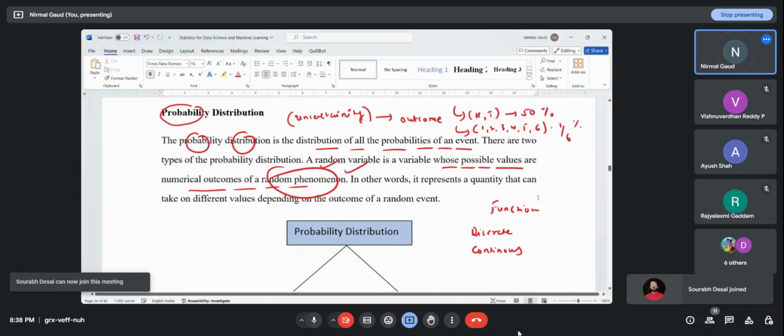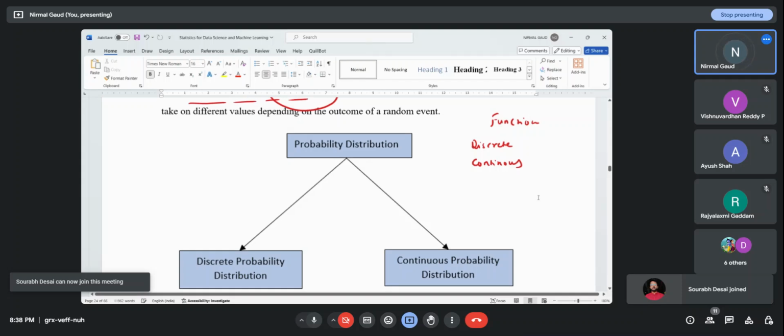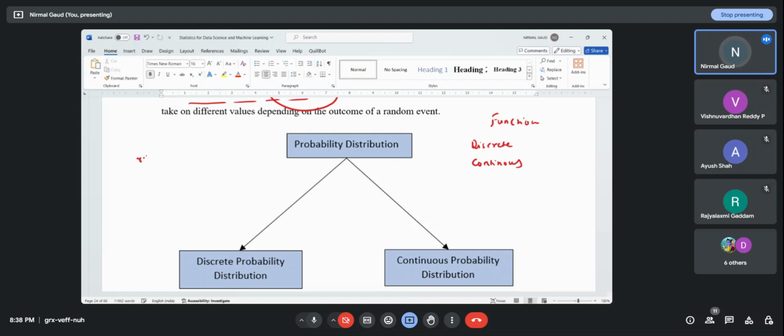In discrete, the random variable may have the result as head or the result as tail. The random variable can give either head or tail in the case of discrete.